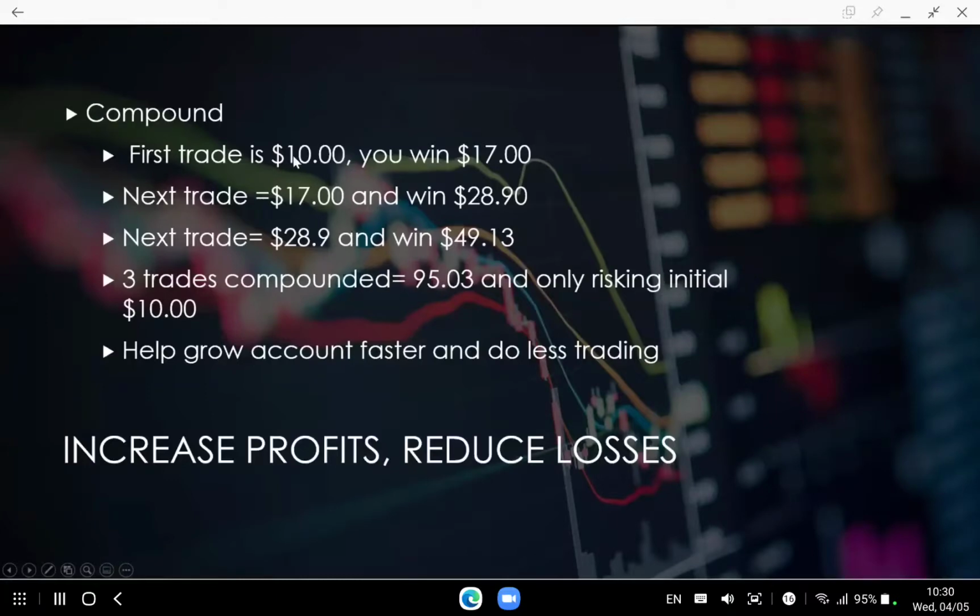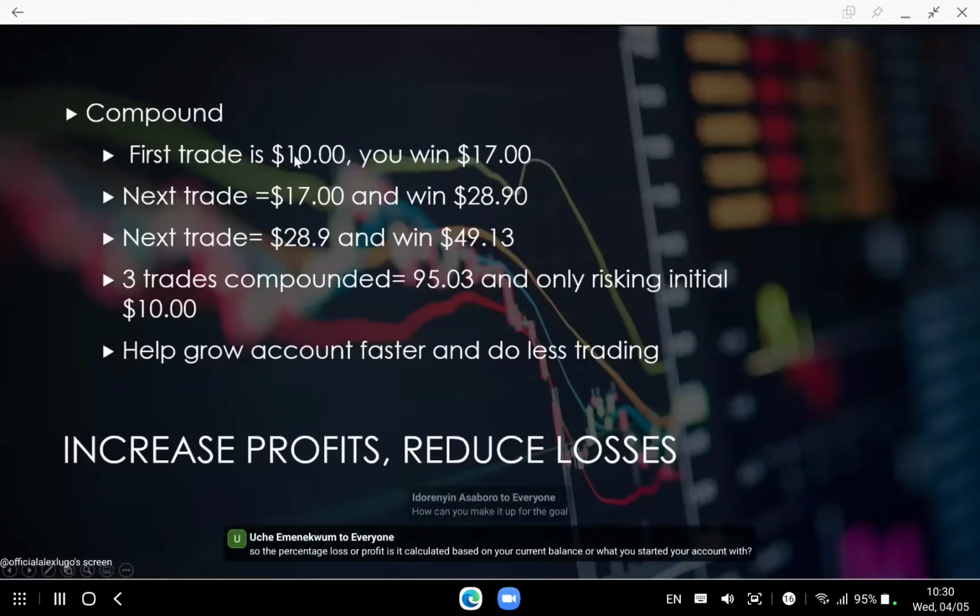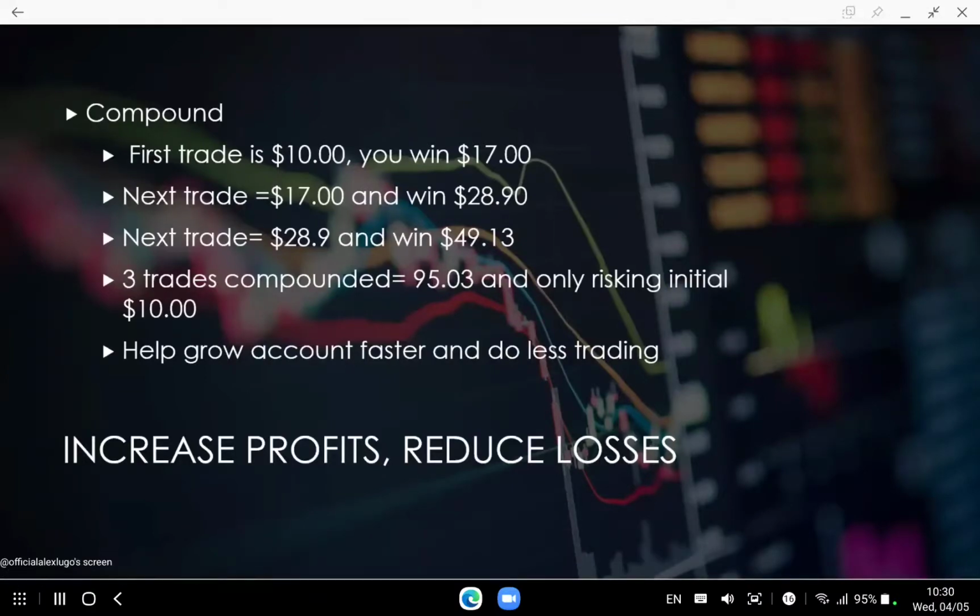If I rolled over at this initial 10 and I lost, it would just be that $3 extra. So if you lose it and you go back in, it'll just be less. So I would go in for $7 now. What if one loses that trade? That's you made up that goal, so you just start over.